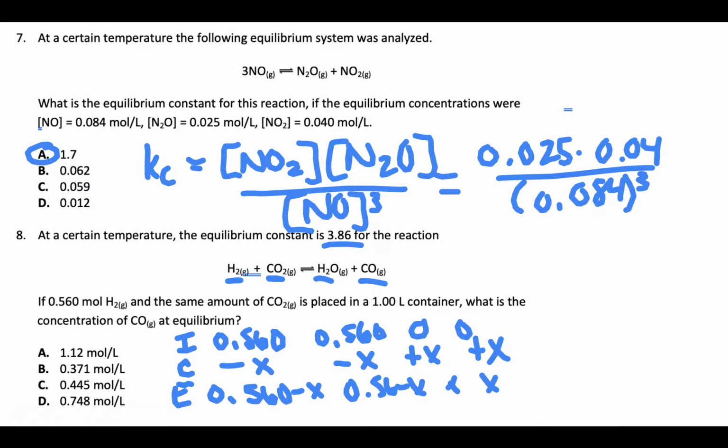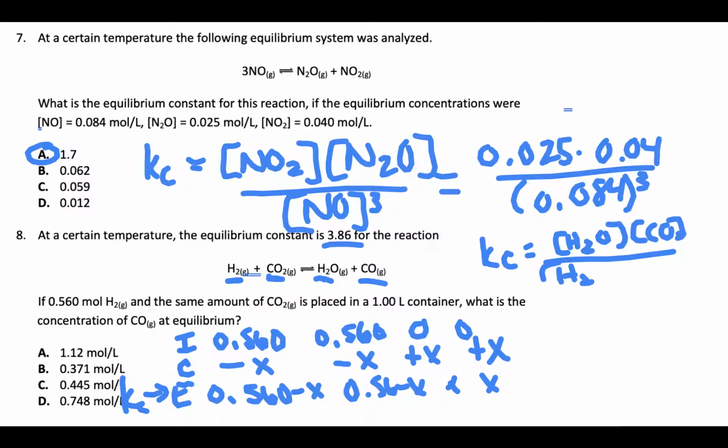Now, we did all this work, but the part at equilibrium is what will go into the Kc expression. So if I put in the Kc expression, it's going to be my products over my reactants. So it'd end up being H2O times CO, over H2 times carbon dioxide. Now I plug in those values. My Kc is 3.86. H2O is x, and the carbon monoxide is also x, so that would be x squared.